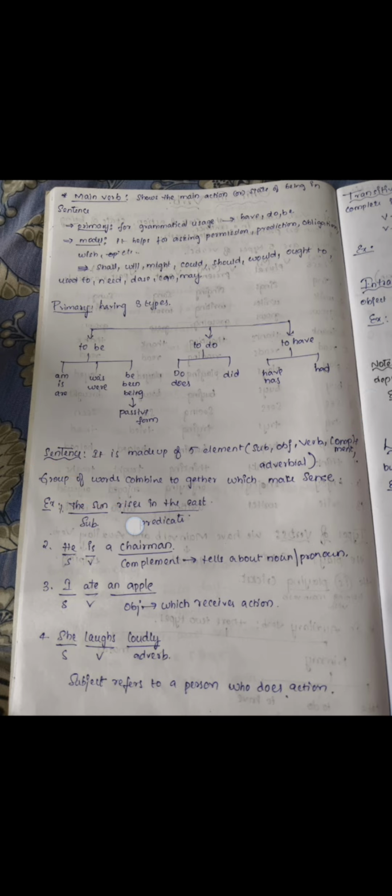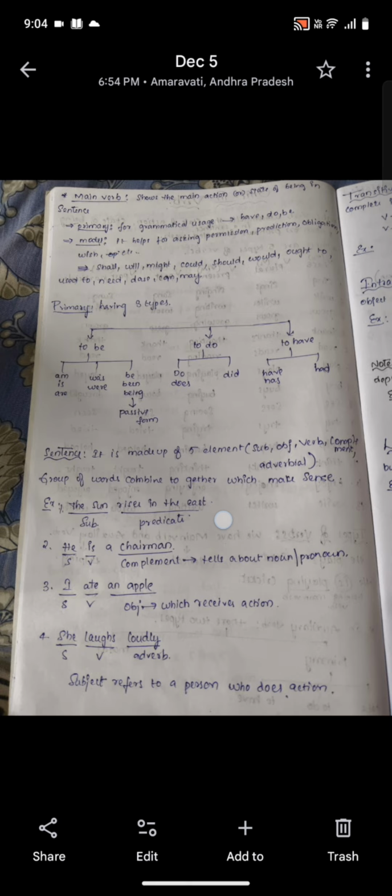For example, if we take the sun rises in the east, in this sentence the sun is the subject and rises in the east is said to be the predicate. Another example, he is a chairman.